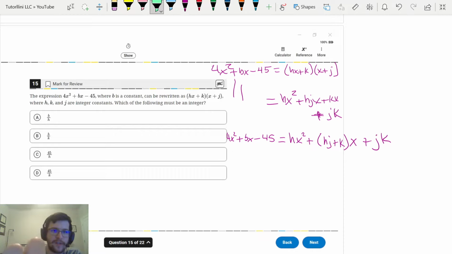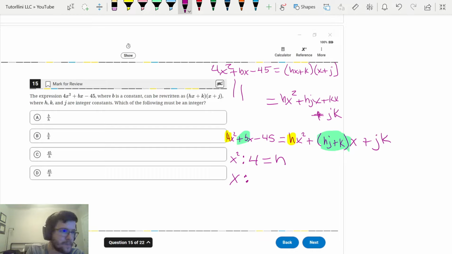Now you can do what's called matching coefficients. So watch. The coefficients of x squared are 4 and h, so 4 must equal h. Now we look at the coefficients of x. So b and hj plus k, that's what's in front of the x's.